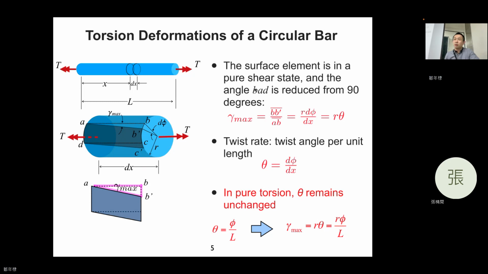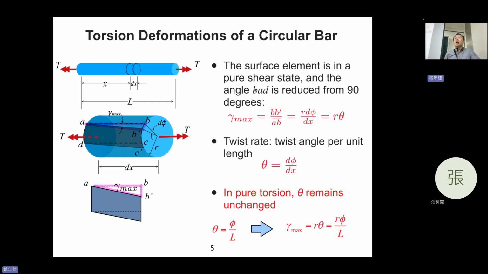I don't know, you know what I mean? Pizza shape is actually this one, and this angle we call gamma.